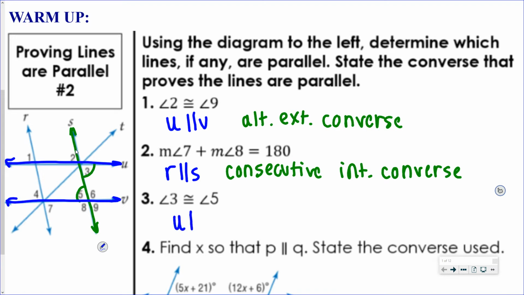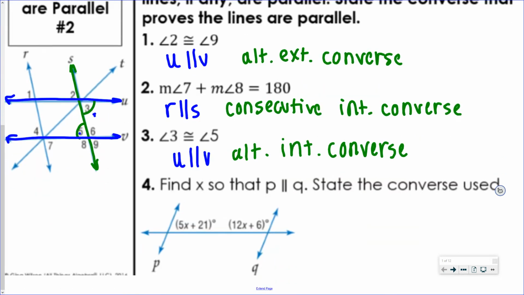Yes. Okay, what's their relationship? Alternate interior. Good. Alternate interior converse says if you have a pair of interior angles that are congruent, then the lines are parallel. All right. Anybody 3 for 3? 4, 5, 6. Sweet.